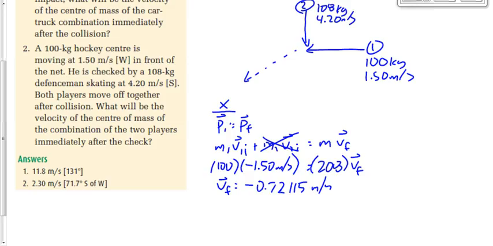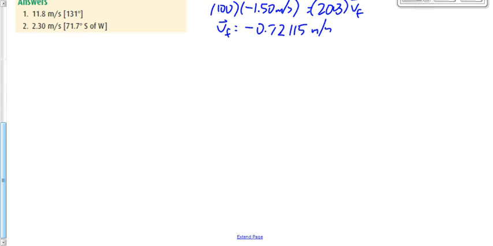So instead of getting 6.39, you get 6.38 or whatever. And if that's a multiple choice question, it's probably not going to be a big deal because you're going to notice that, right? But if it's a numeric response and you put 6.38 instead of 6.39, then you get it marked wrong. So we want to leave those in-term answers as unrounded until we get to a final answer. All right, good. X component 0.72115.